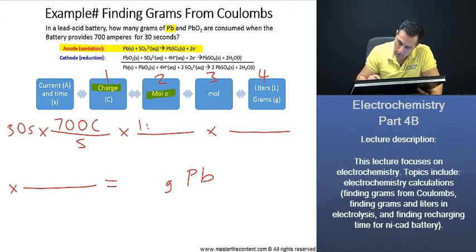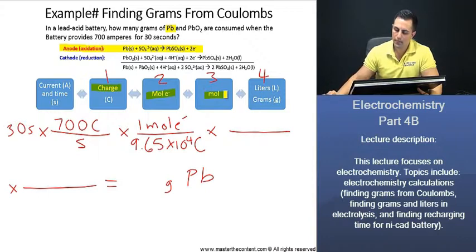Well, 1 mole of electrons, we just demonstrated on the previous slide, is going to be 9.65 times 10 to the 4 coulombs. Now we need to get moles. Well, for our lead here, per mole of lead, we have 2 moles of electrons.